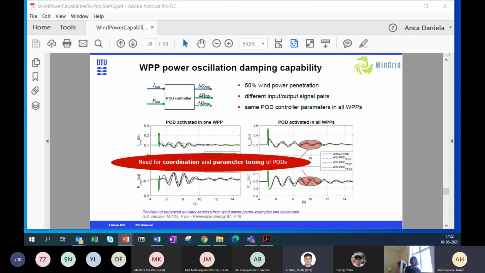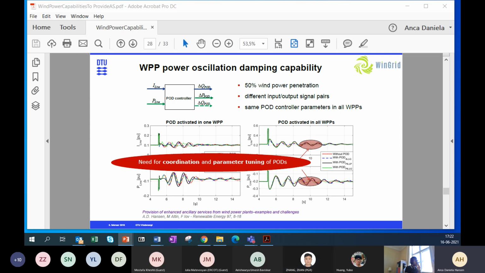But this can be done, as I said, if you have an idea about the available power of each wind turbine. The controller gets information about the estimated available power, and if you choose this proportional dispatching, you can do it based on the available power and the size of the wind turbines, and send the references.